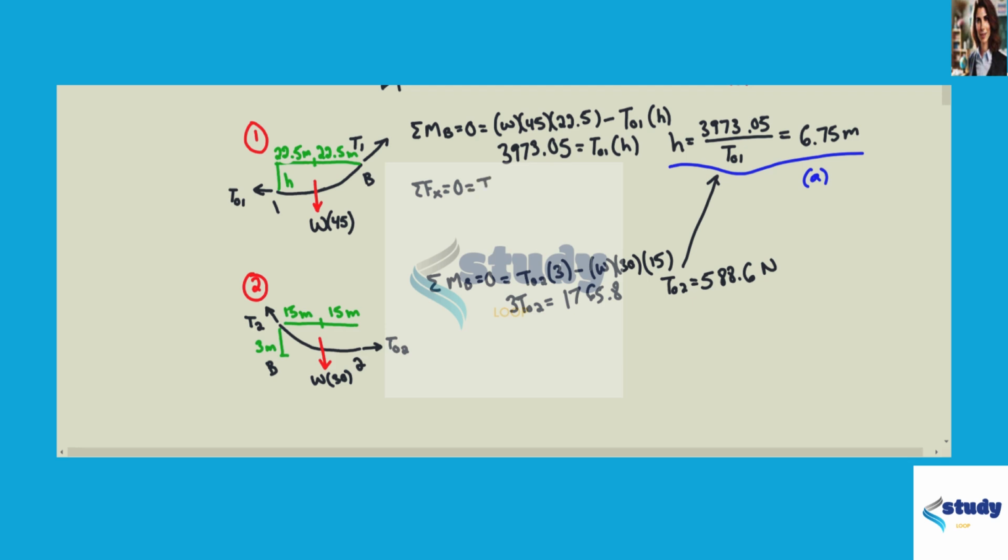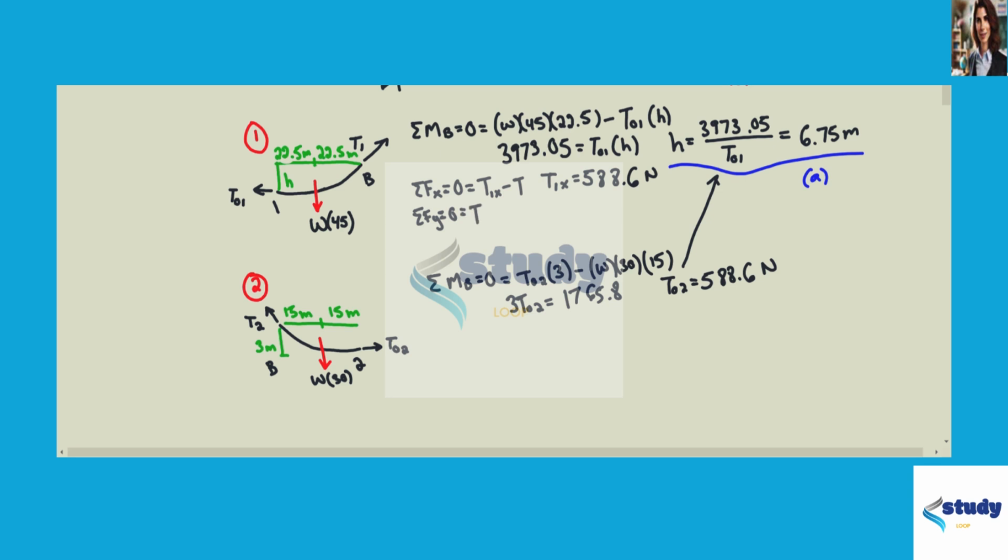This equals T1x minus T, which is just T01 and T02; I'm just going to call this T. So T1x equals, we know that T equals 588.6 newtons.